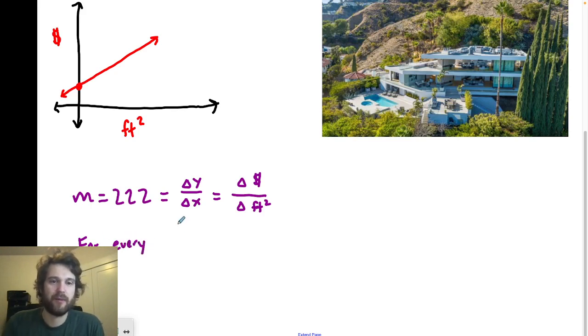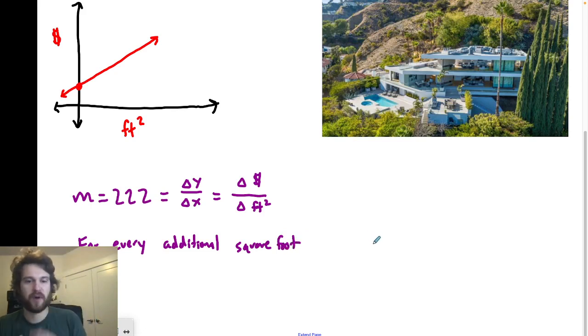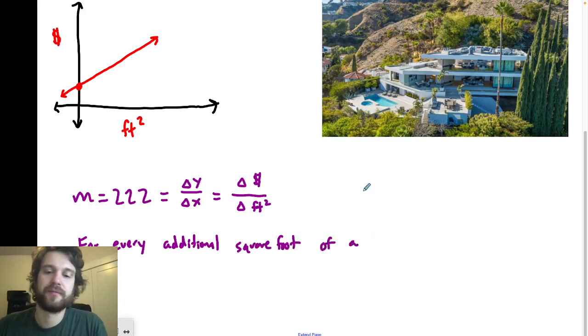For every, and we go back to that definition, for every 1 unit change in x, so for every additional square foot of area in the house, we expect, this is really slow, it's almost easier to type, maybe.